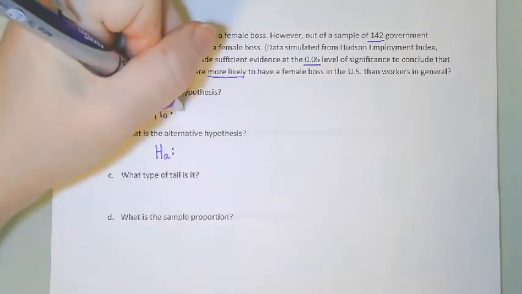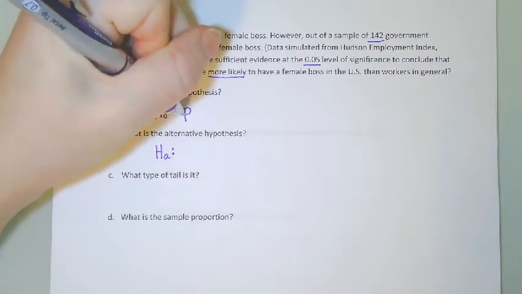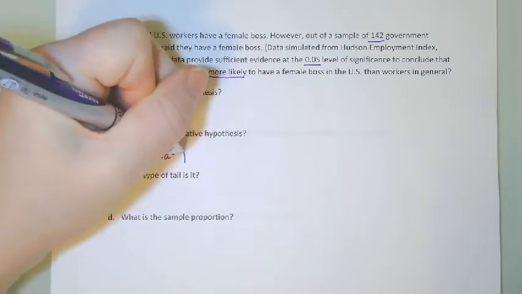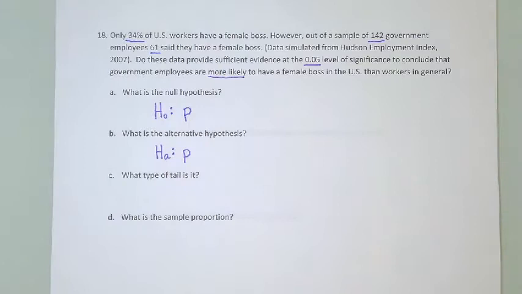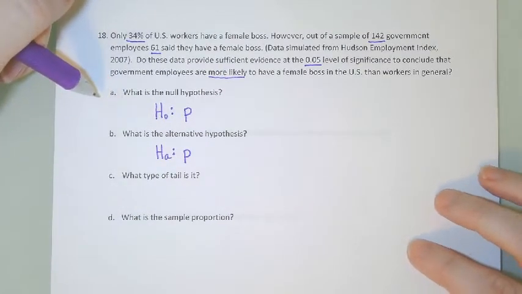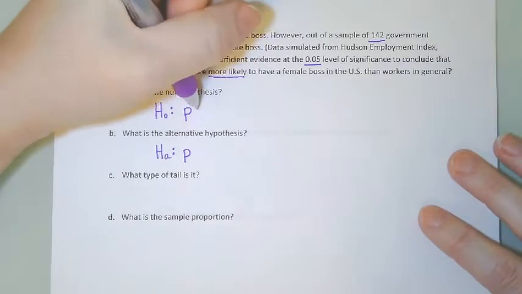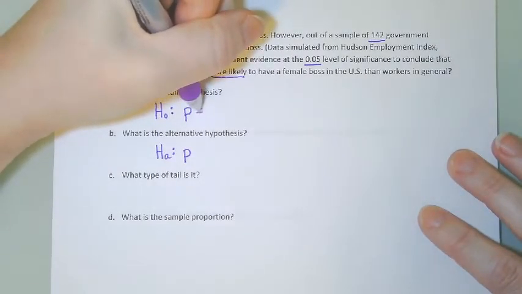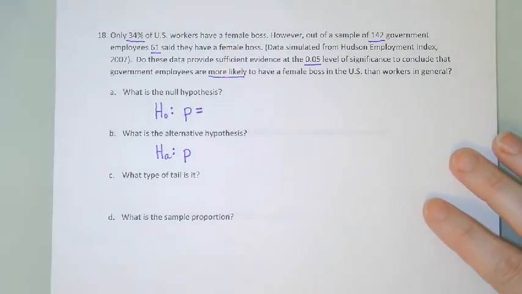So each hypothesis is going to start with a P for population proportion. And the null hypothesis is always going to be equal to, no matter what.